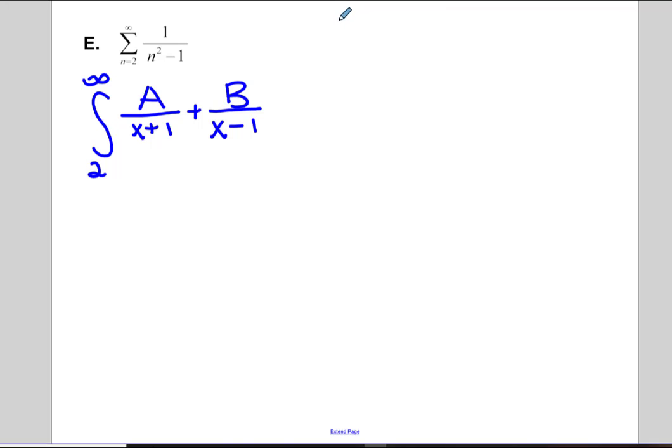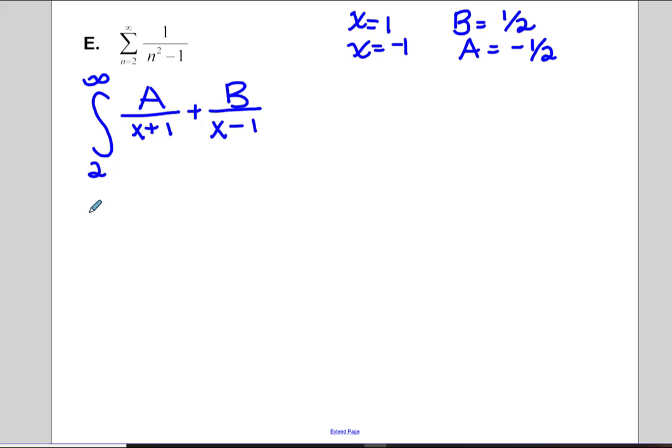When we let x be 1, we'll get b is 1/2. And when we allow x to be negative 1, then a would be negative 1/2.